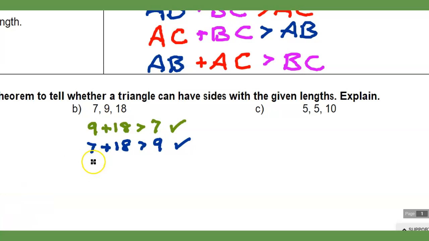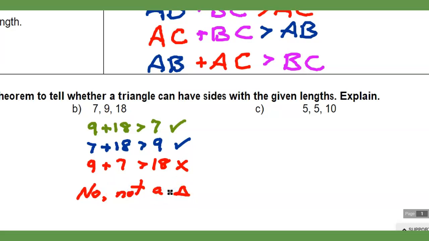The last one would be, is 9 plus 7 bigger than 18? No, right? So you could say no because one of them turns out to be false. You can say not a triangle, even though the first two were true. Just takes one to turn it to a no.